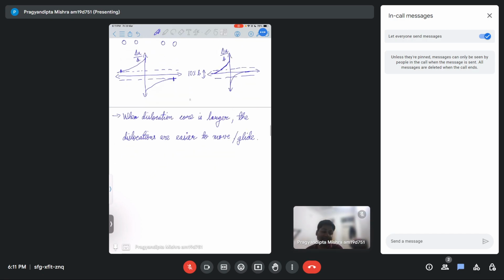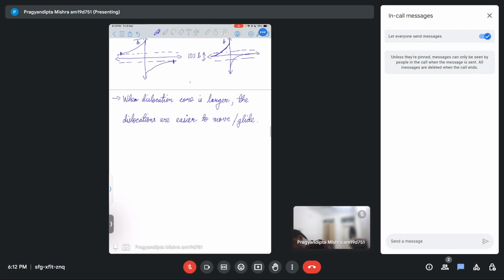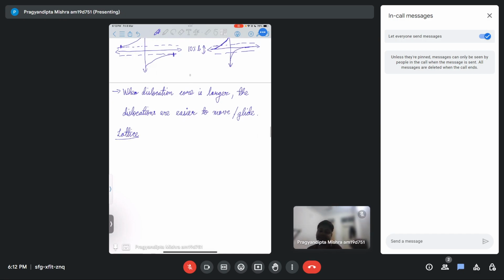Now, in a similar vein, the resistance could also be due to the lattice. This lattice resistance is represented in the form of Peierls-Nabarro energy or Peierls-Nabarro stress. I will not go into depth of what this Peierls-Nabarro is; we'll just understand the equations associated with it.